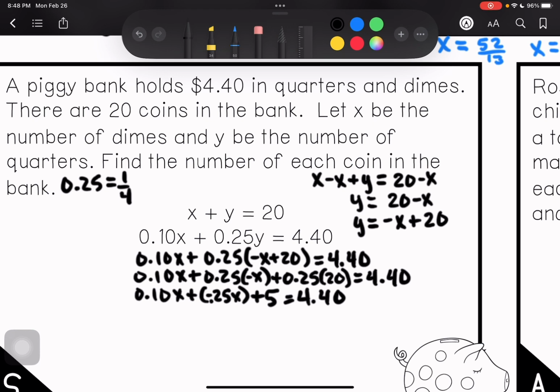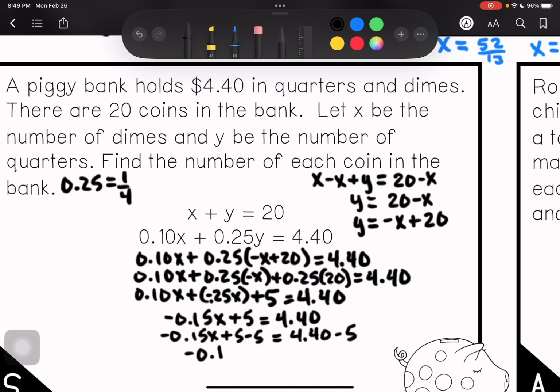When I combine like terms, this gives me a -15/100 X plus 5 equals $4.40. Now I want to subtract 5 from each side so I can get all my constants on one side. 5 minus 5 equals $4.40 minus 5.